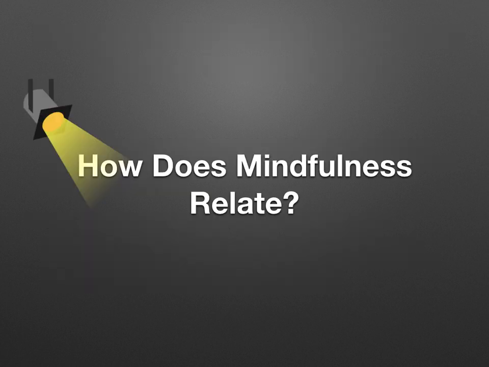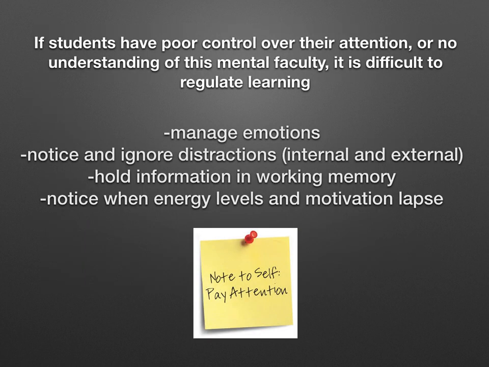So how does our mindfulness practice relate? Well, if we have poor control over attention, then it's very difficult to regulate our learning. All right. And you're seeing this now as we're getting more explicit about teaching about attention. If students have their attention all over the place in their minds, in their thoughts, in the future, in the recess yard, right?